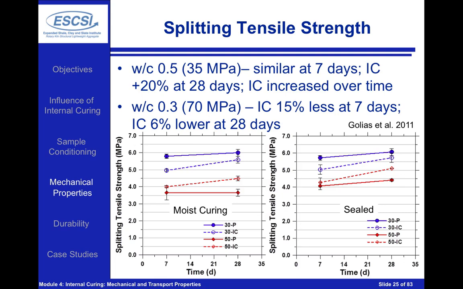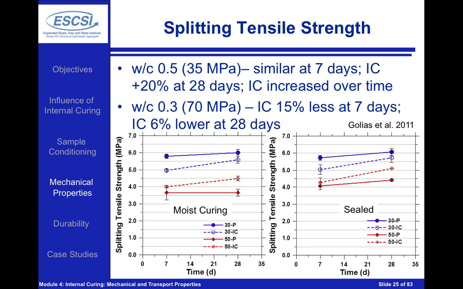However, at higher water to cement ratio, lower strength materials, as we see here with the red curves, we can see a very similar strength at early ages, and by later ages we're going to see a slight increase, and this is because the degree of hydration is much more important than the slight reduction in strength we're going to see from those porous particles. So it's very important when we start to think about these items that we realize that there's not going to be one universal rule.